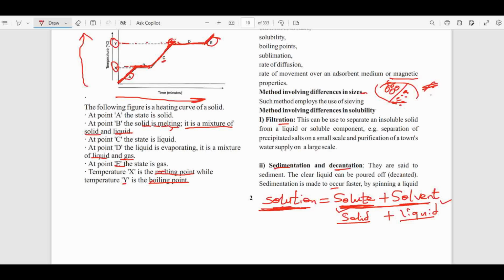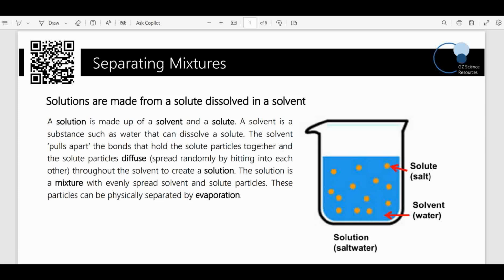So for example, you want to take out precipitated salt, that will be your solute, in a liquid, let's say water. You can filter. What does this filter look like? Let's go to this image.